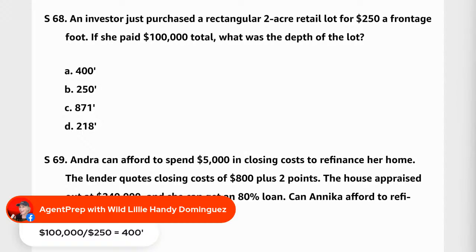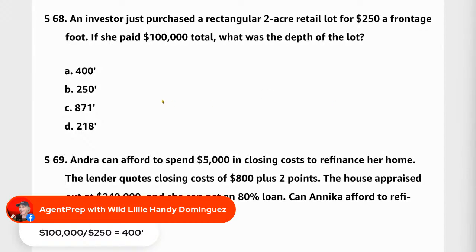So if you want to work it backwards and multiply, they ended up calculating the depth of 217. So wait a minute. No, the answer is not A. Sorry about that.